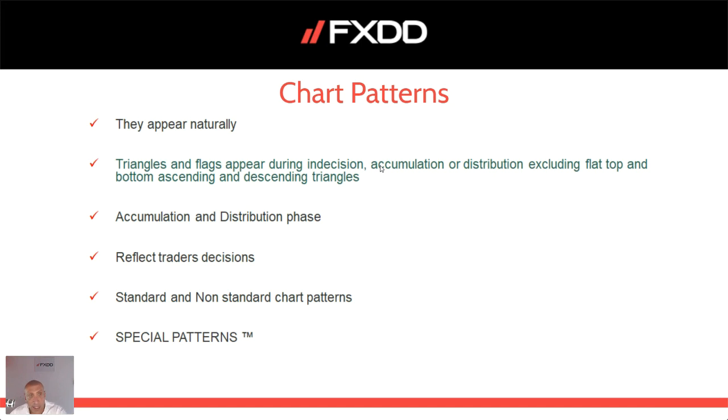Have in mind that triangles and flags appear during indecision, accumulation, or distribution, excluding flat top and bottom ascending and descending triangles. There are four main market phases: accumulation, distribution, mark up, and mark down. Everything that appears in those market phases also appears on charts.